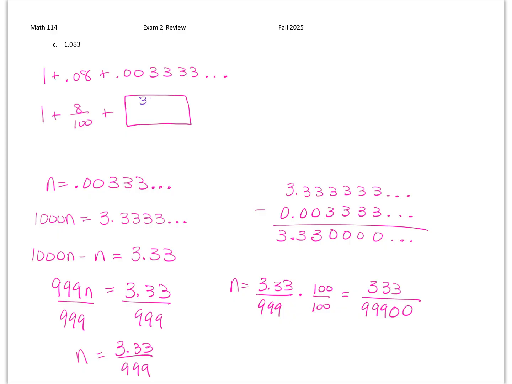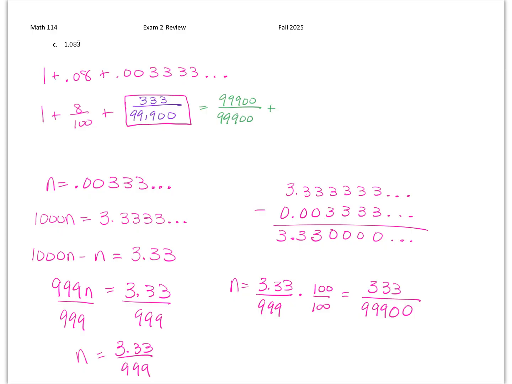So 333 over 99,900. And then I have to add these three fractions together to write this as a fraction. That's going to take a minute to get a common denominator. This one would be 99,900 over 99,900.